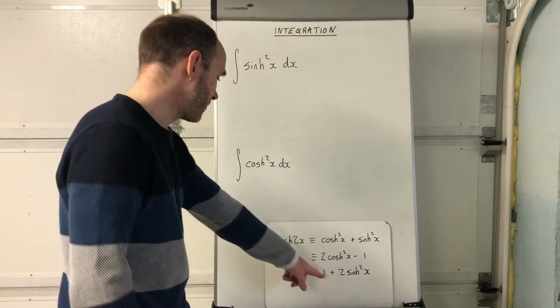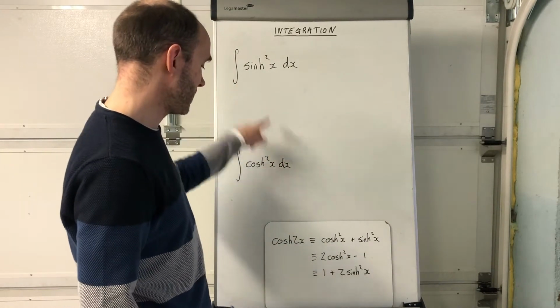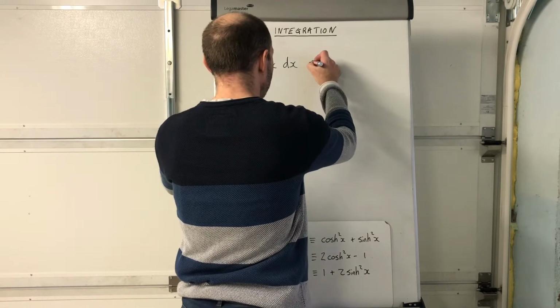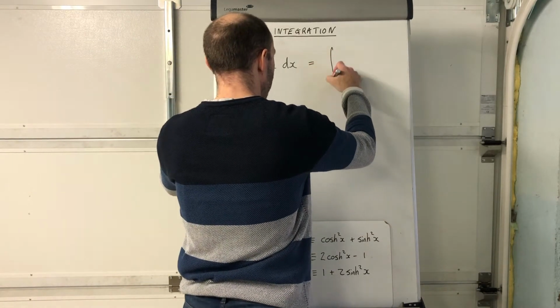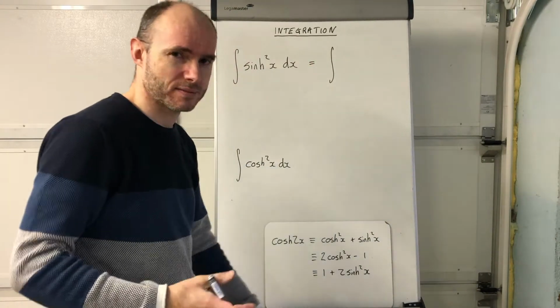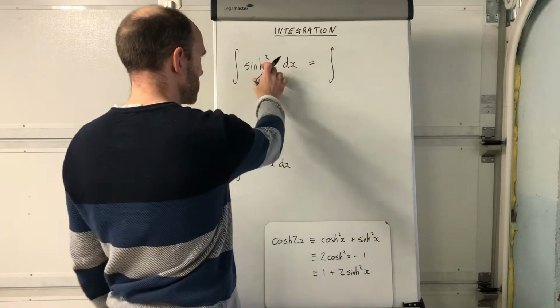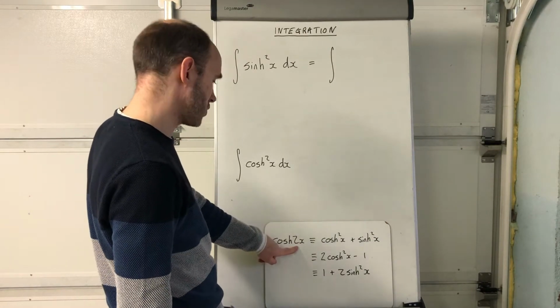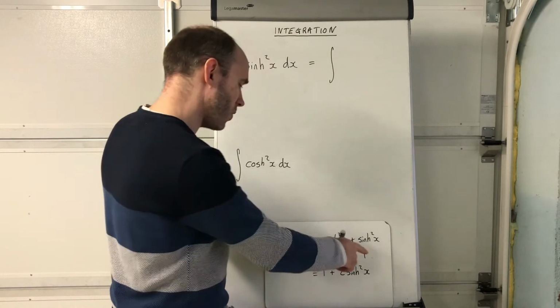So obviously for this one, you'll use this one. So you've got to rearrange that. This integral is the same as this integral here. Rearrange that, so you have cos 2x minus 1 all over 2.